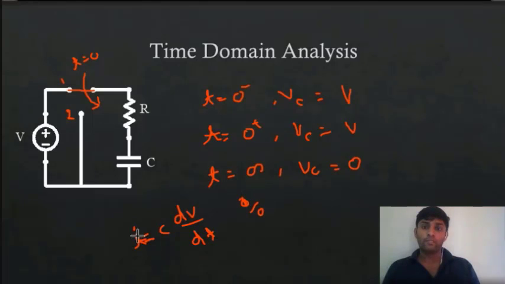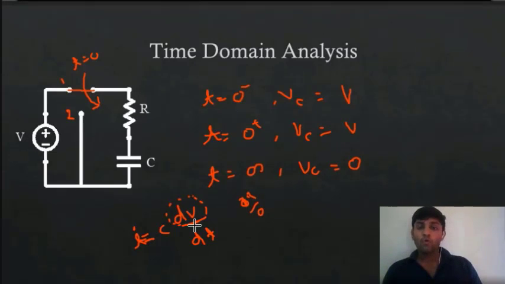This could be a constant value. If there is some change in voltage, suppose 0.1, then this will become infinite, so infinite current will be there. So this is the property of a capacitor, that a capacitor doesn't allow sudden change in voltage across it.